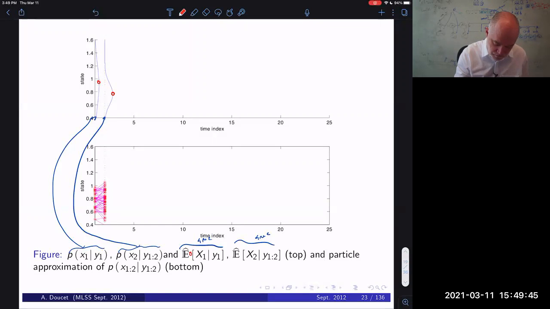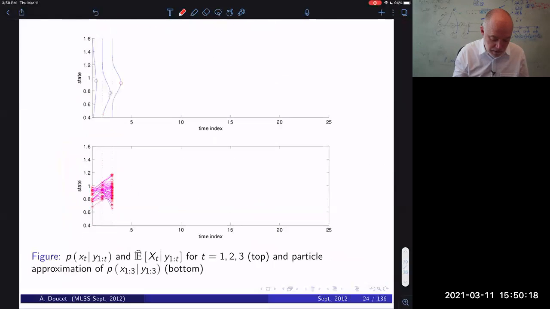So circle, circle, right? And a particle approximation to the joint distribution here. Okay, so the joint distribution is an atom which consists of something like this, and an atom that consists of a pair like this, so on and so forth. So we have paths. So if you think about what the samples from this joint distribution are, they're going to be pairs of X values. Yeah. All good so far?